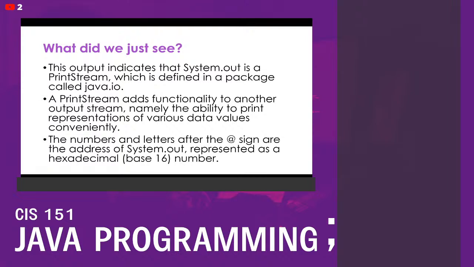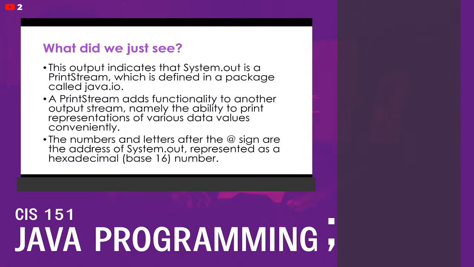We can print representations of various data values conveniently, quickly, easily, all to our console. So that's what this PrintStream gives us the ability to do. Essentially, it's a stream via which we can take data in, pass it through, and print it out in the console.